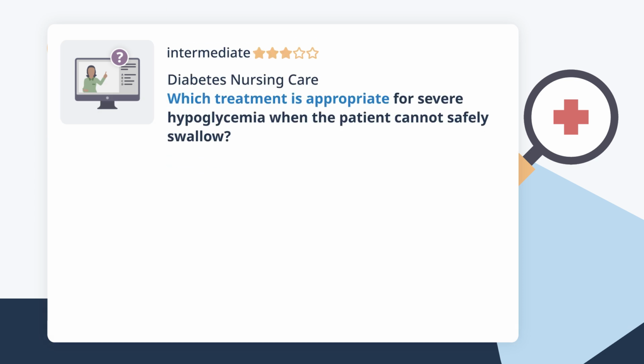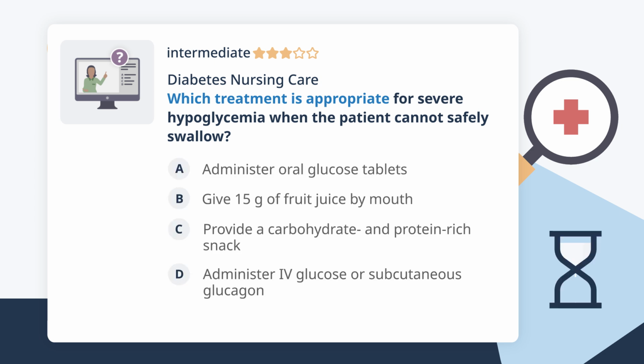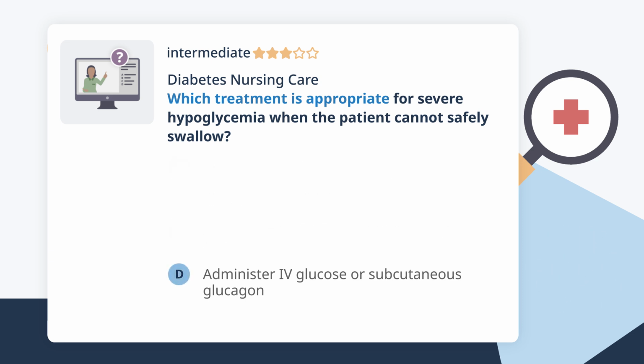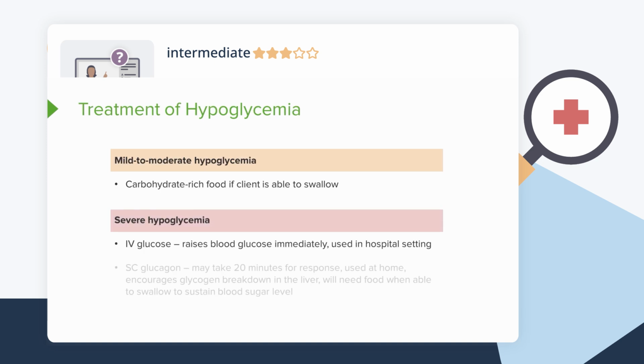Which treatment is appropriate for severe hypoglycemia when the patient cannot safely swallow? Now, a severe hypoglycemia, this is not going to be fixed with a carbohydrate snack or the patient is unable to swallow.